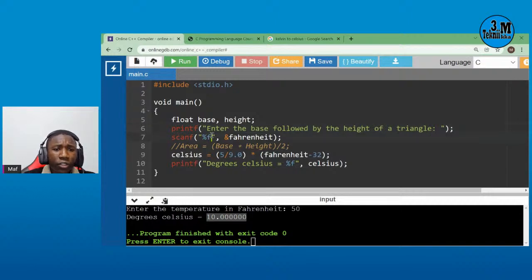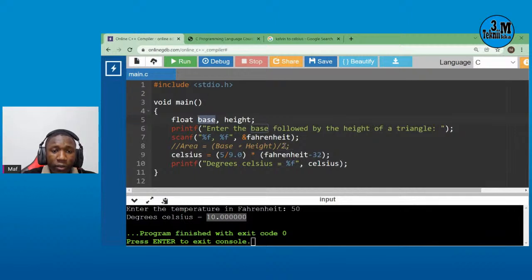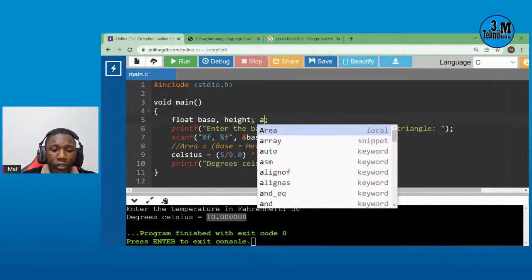So the user is going to introduce a float here and another float here. These floats are the base, followed by the height. And then you just need to calculate the area.